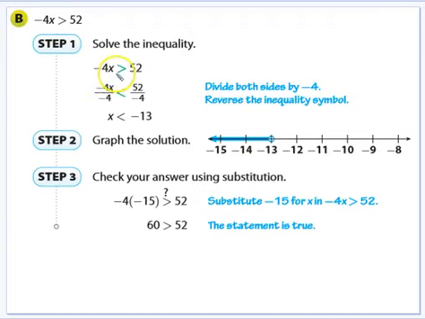So we divide by negative 4, and they even do it as soon as they're dividing. They're just like, hey, let's just get it done right now. So it goes from greater than to less than when they're dividing. So they get 52 divided by negative 4, and that is x is less than negative 13.